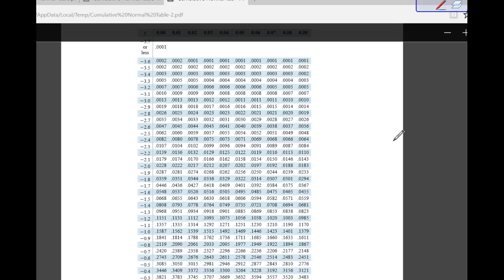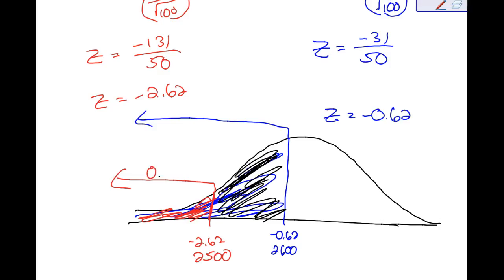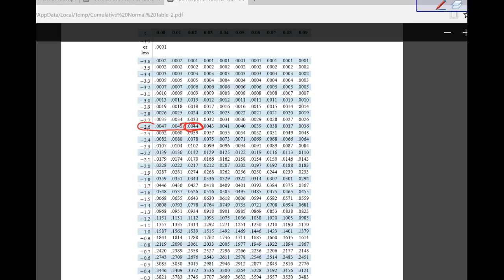So if I come over to my z table, negative 2.62 is going to be 0.0044. And negative 0.62 is going to be 0.2676.